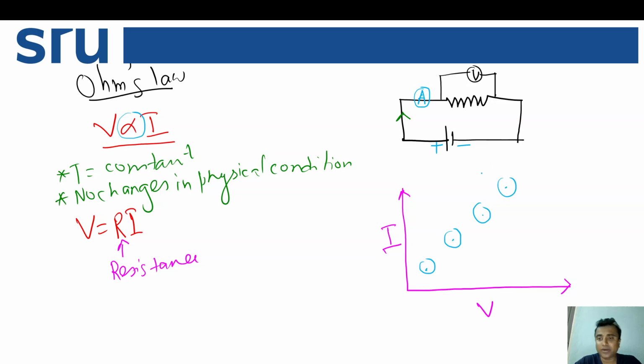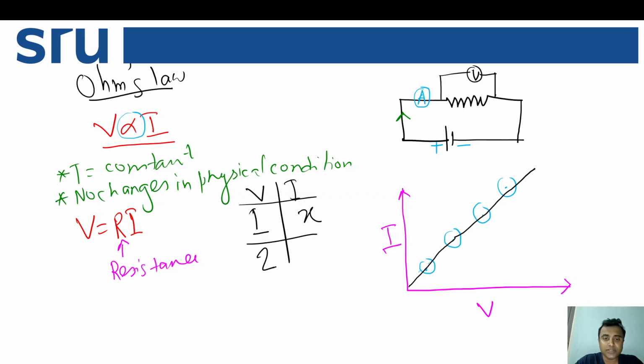They may have different values, and if he draws the best line, it passes through the origin. When the voltage V was 1 unit, he immediately got a current of some x unit. When he changed it to 2, the current became 2x units, and when it became 3, the current also became 3x units.